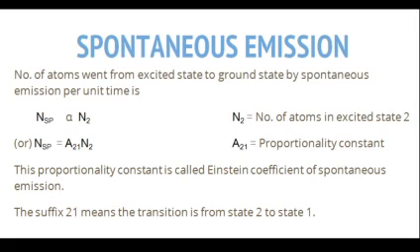That NSP is directly proportional to the number of atoms in the excited state 2, that is N2. So NSP equals A21 N2, where A21 is the proportionality constant, also called the Einstein coefficient of spontaneous emission. The suffix 21 represents the transition from state 2 to state 1.